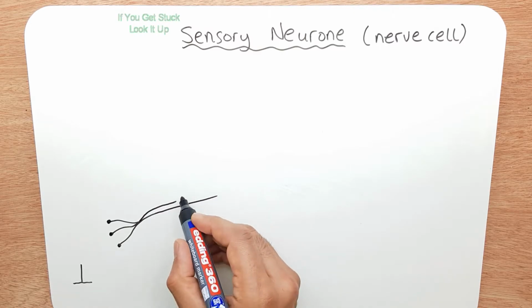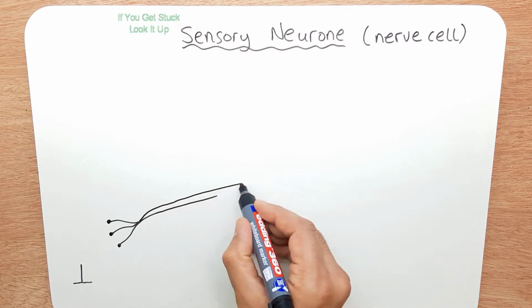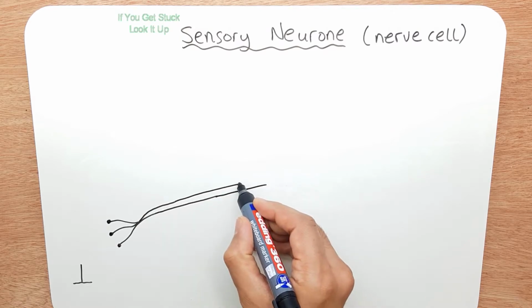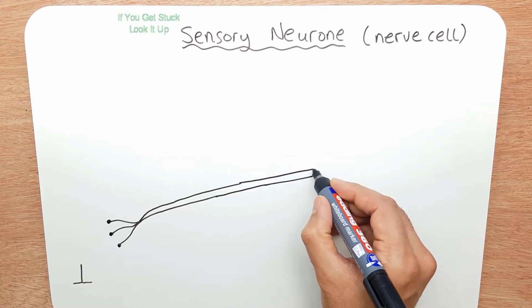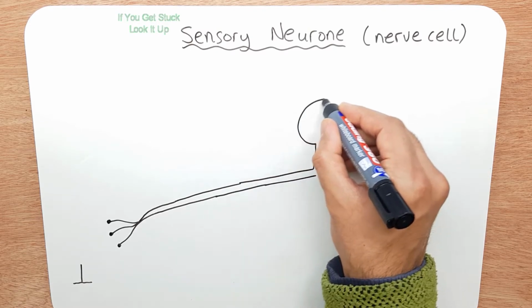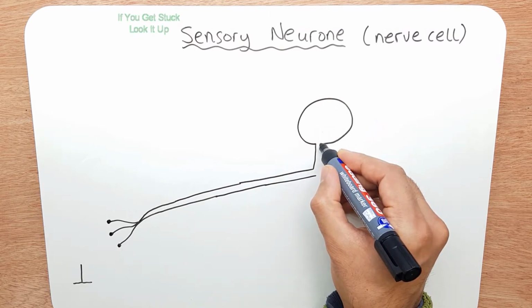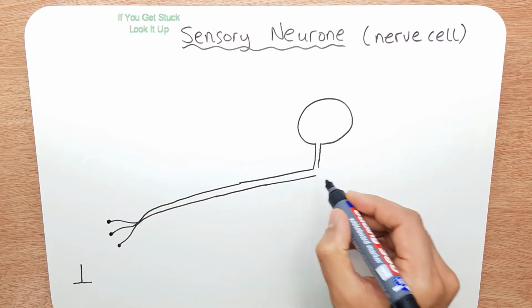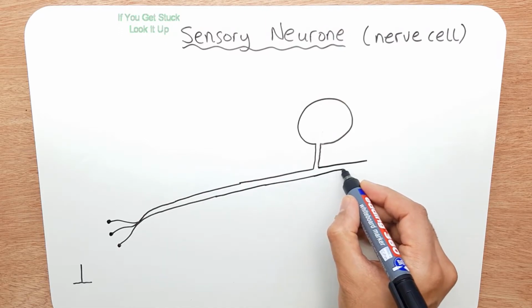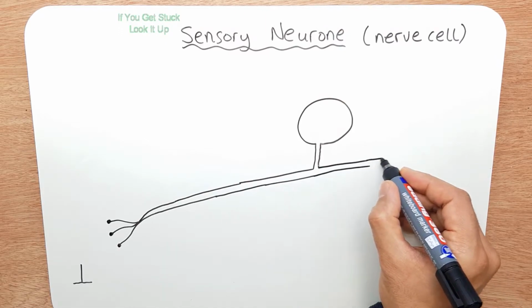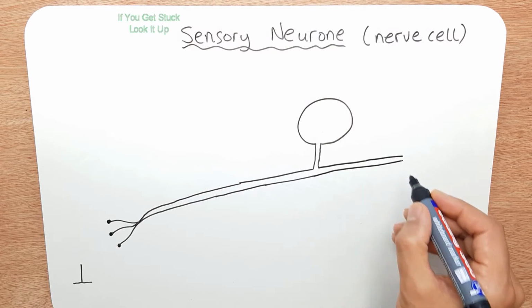So here is your nerve cell going up. It goes to the cell body there, and then it continues on towards the central nervous system.